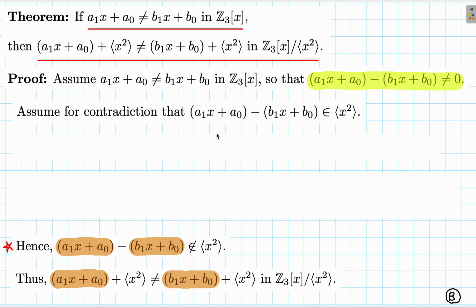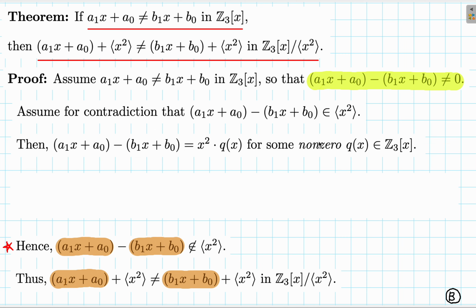Now, because this difference is contained in bracket x squared, we can say that this difference is equal to x squared times q of x for some non-zero polynomial q of x. Now, how do we know that q of x must be a non-zero polynomial? Well, it's because this difference, as we showed earlier in the proof, is non-zero. And therefore, q of x must also be non-zero.